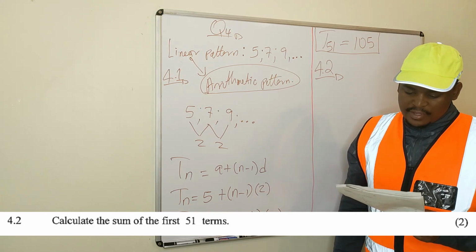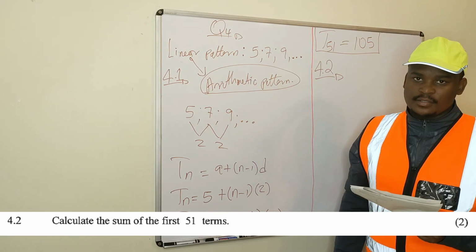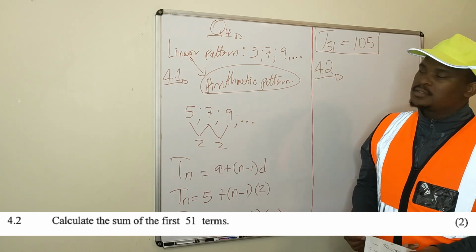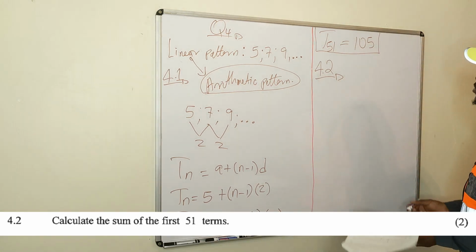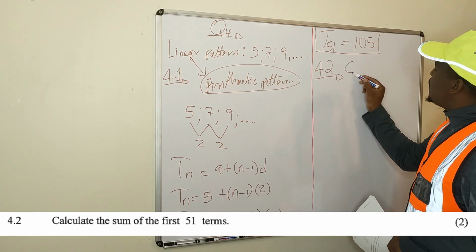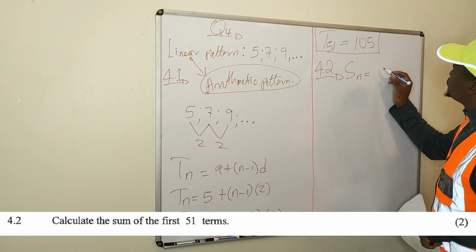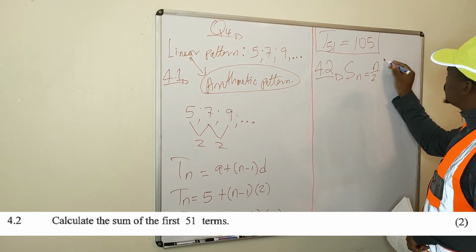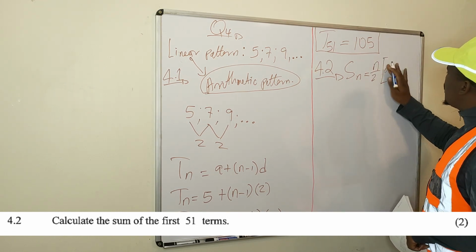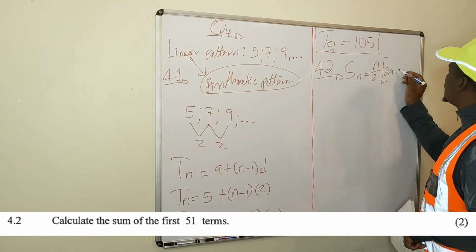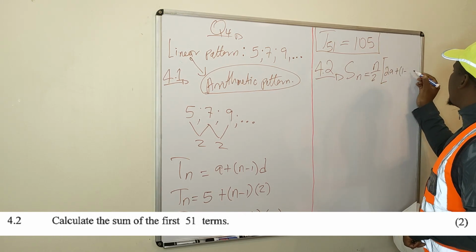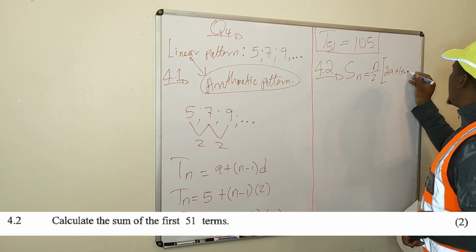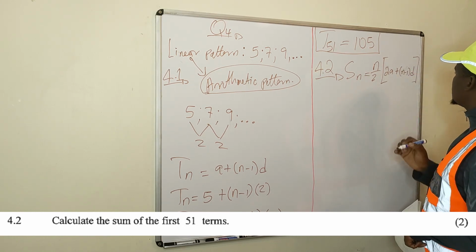Calculate the sum of the first 51 terms. They want you to find the sum of the first 51 terms. So how do you do this? You say, okay, the sum Sn is equal to n over 2 into 2a plus n minus 1 times d, right?